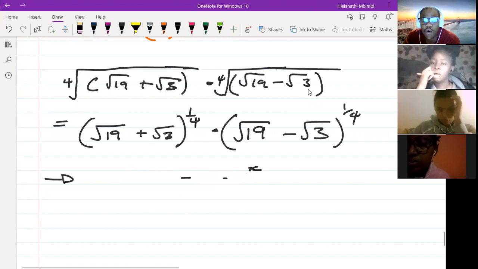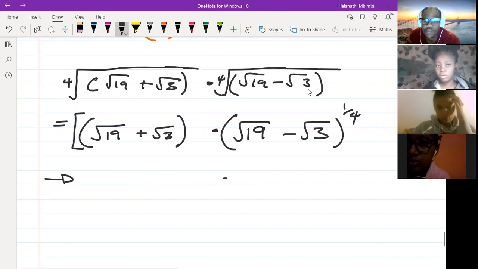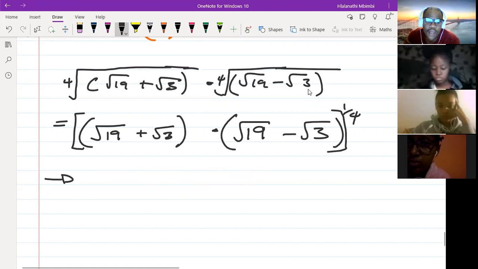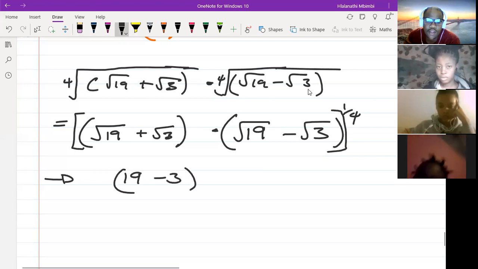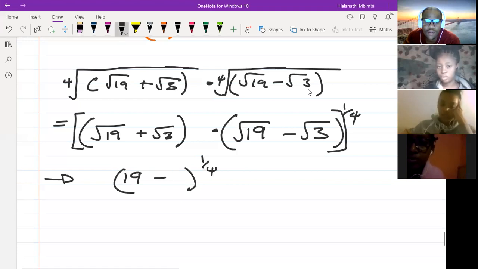Yes, are you saying the whole entire thing? So it's going to look something like this. Yes, but inside now you have a difference of 2 squares. So you basically have 19 minus 3 raised to the power half, like that. Yes, this is correct.